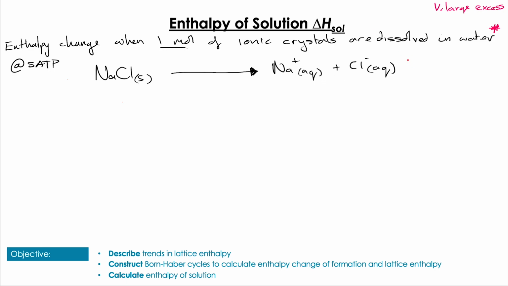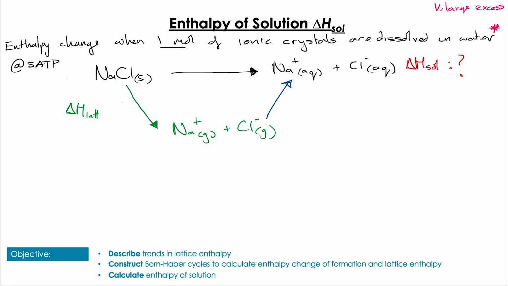Now, if we don't know this value, we are able to use the lattice enthalpy to construct a simple Hess's cycle to solve for it. We know that the lattice enthalpy is NaCl goes to Na plus gas plus Cl minus gas, and the transition from the gaseous ions to the aqueous ions is simply the enthalpy of hydration, which is the enthalpy change when 1 mole of a gaseous ion is dissolved in excess water.